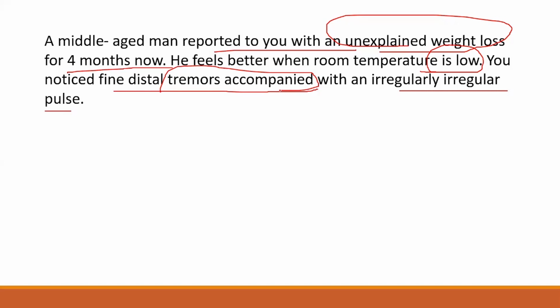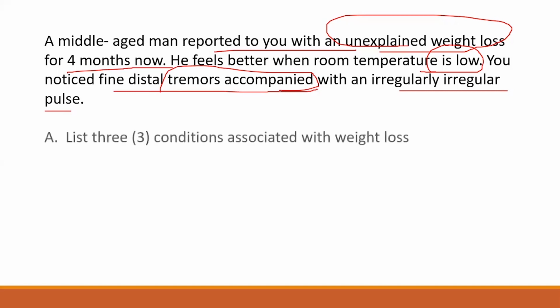Now let's look at the question that follows. List 3 conditions associated with weight loss. Under what conditions can we have weight loss? Let me try to classify them for you so that it will be easier to get them right. We can consider endocrine or metabolic conditions.